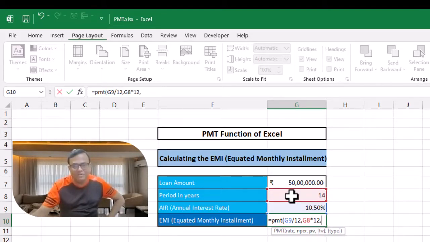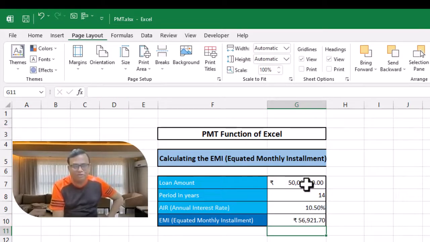And finally, the third parameter is the loan amount. The loan amount is a debt on you, hence you begin with a negative and then click on the loan amount. Then close parenthesis and hit enter, and it will show you your PMT.